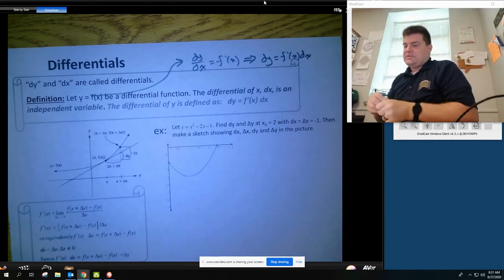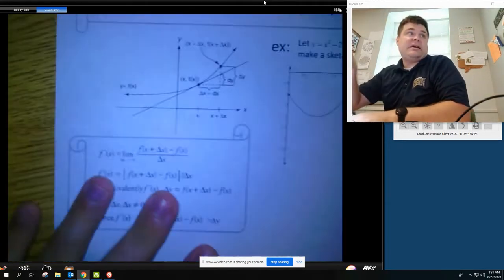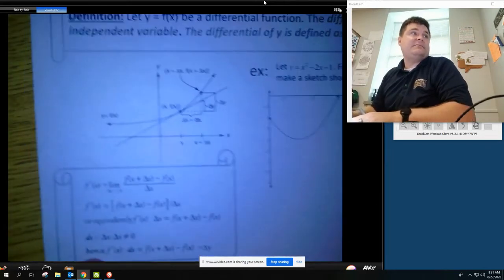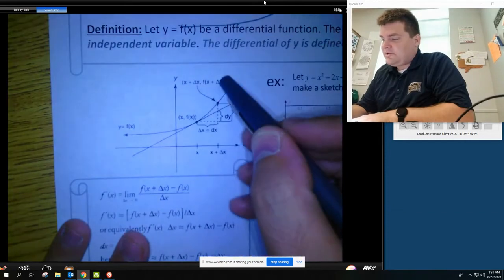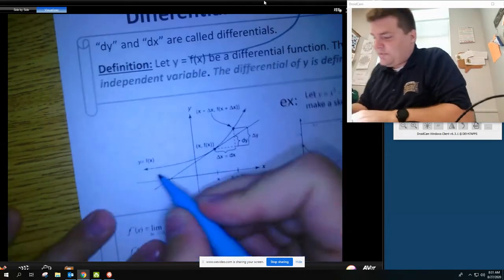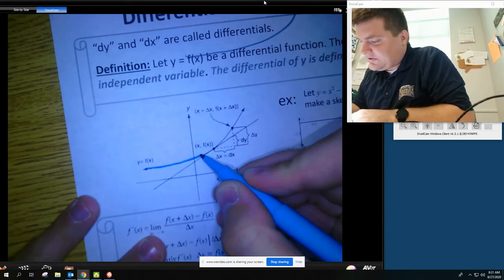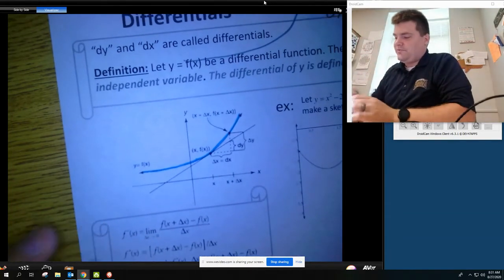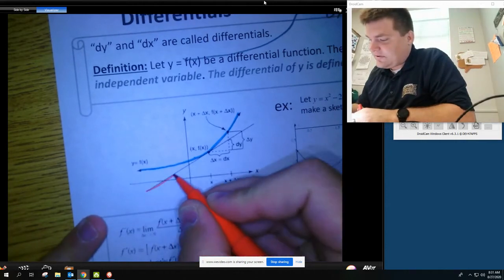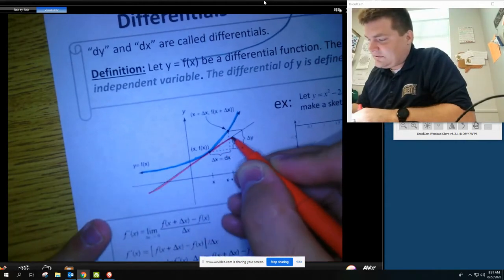Now, let's go ahead and describe what everything is. I'm going to use this little graph right here. So here you have your function right there. I'll highlight that in blue so we know that's our function. And we have our tangent line here in red. So I'll color that in red. It's a little bit easier to see.